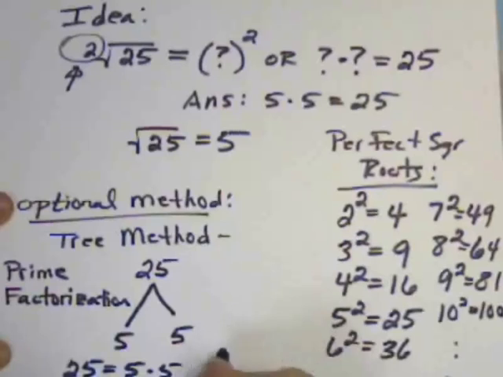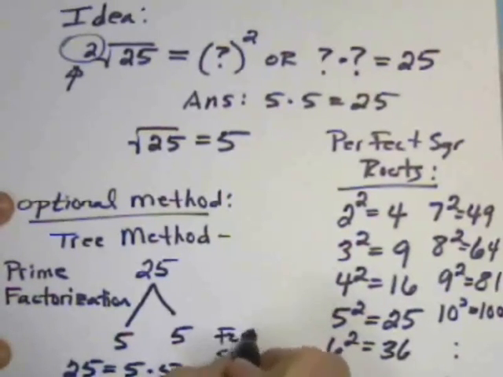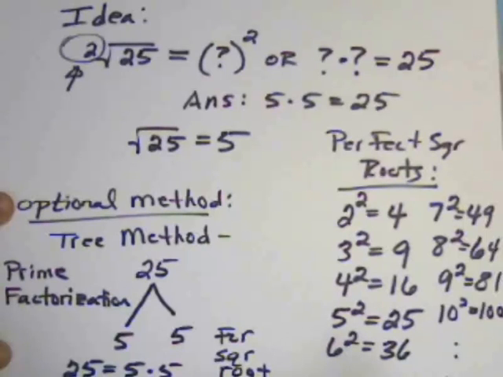What we're looking for, since we're looking at the square root, is pairs of 2. So see here how we have a 5 times 5? What we would say here is, okay, so the answer, what's being times itself 2 times, is equal to 5.